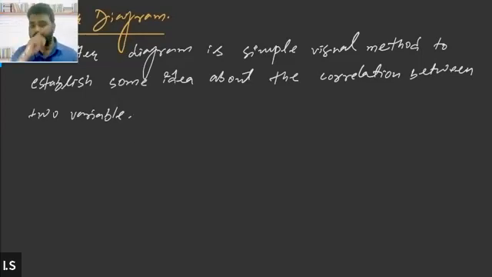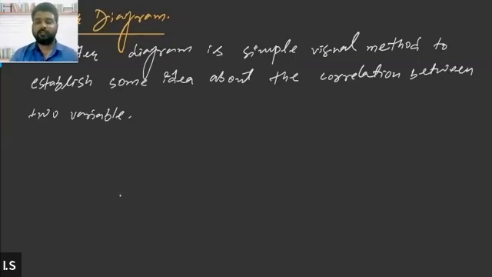Until now we were actually calculating the correlation. We were applying the formula and we tried to find out the exact degree of correlation between two variables. By scatter diagram method, we won't be able to figure out to what extent exactly two variables are interrelated.